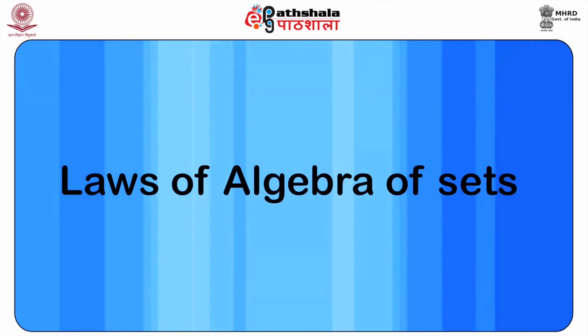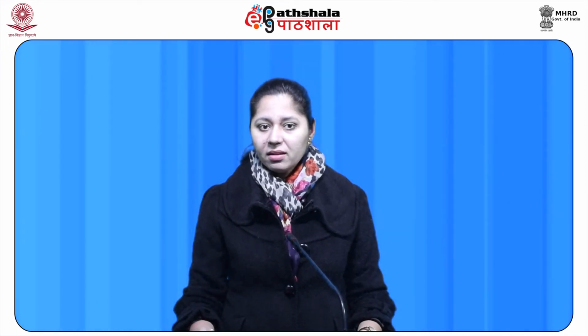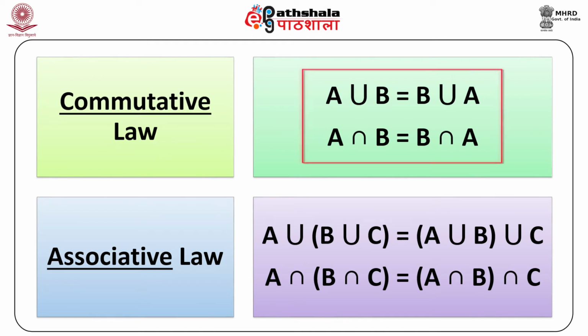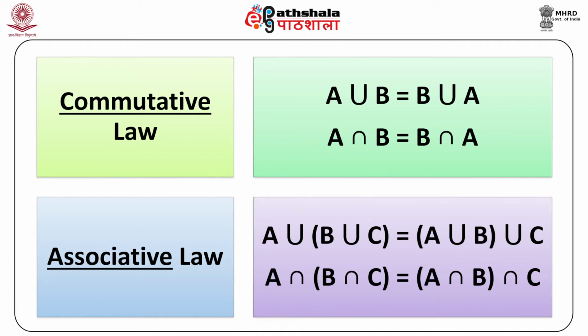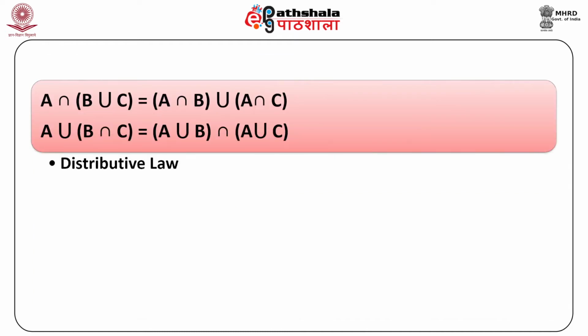Laws of algebra of sets. If A, B and C are 3 sets, then first is the commutative law, that is A union B is equal to B union A and A intersection B is equal to B intersection A. Second, the associative law: A union B union C is equal to (A union B) union C, and A intersection (B intersection C) is equal to (A intersection B) intersection C. Distributive law is A intersection (B union C) is equal to (A intersection B) union (A intersection C).